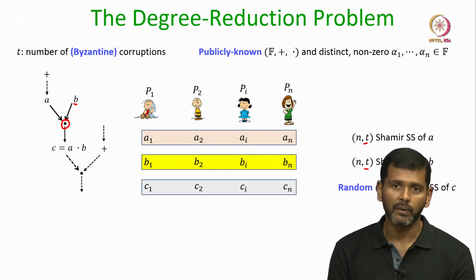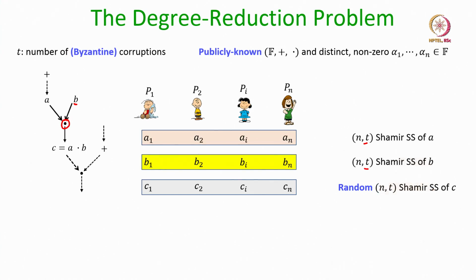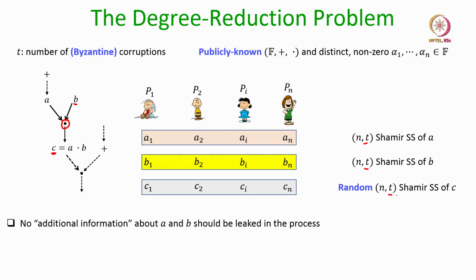And what we want here is a mechanism which allows us to get the gate output, let us denote it by C, where C is equal to the product of A and B. We require a mechanism which allows the gate output to be randomly secret shared as per some secret sharing with the degree of the sharing being t.